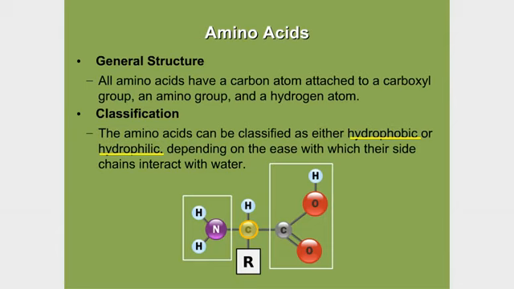So all 20 amino acids are distinguished by what else is attached to the alpha carbon regarding the R group.